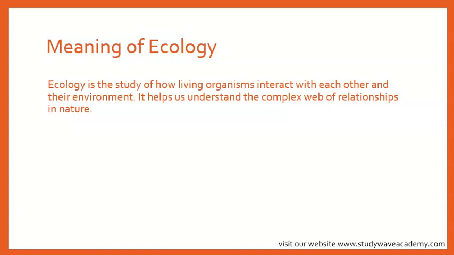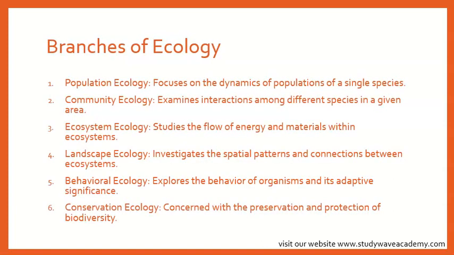Good. So next we're going to be looking at branches of ecology. Ecology is divided into different branches to understand nature better. So one of the branches of ecology is population ecology. It focuses on the dynamics of populations of a single species.